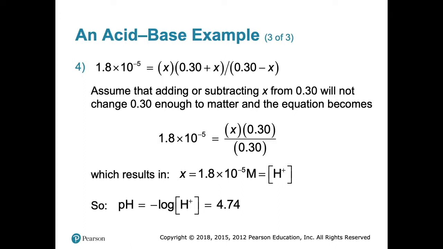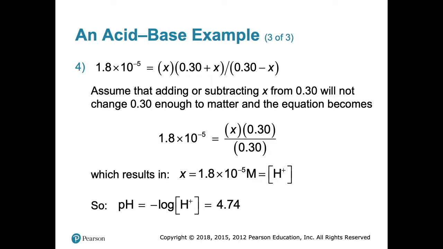Why? Because the 0.3 cancels out. Again, you're welcome. I know you're not really seeing that yet, but you're welcome anyway. There's no math to do at all because they cancel. So literally x is just the Ka now.